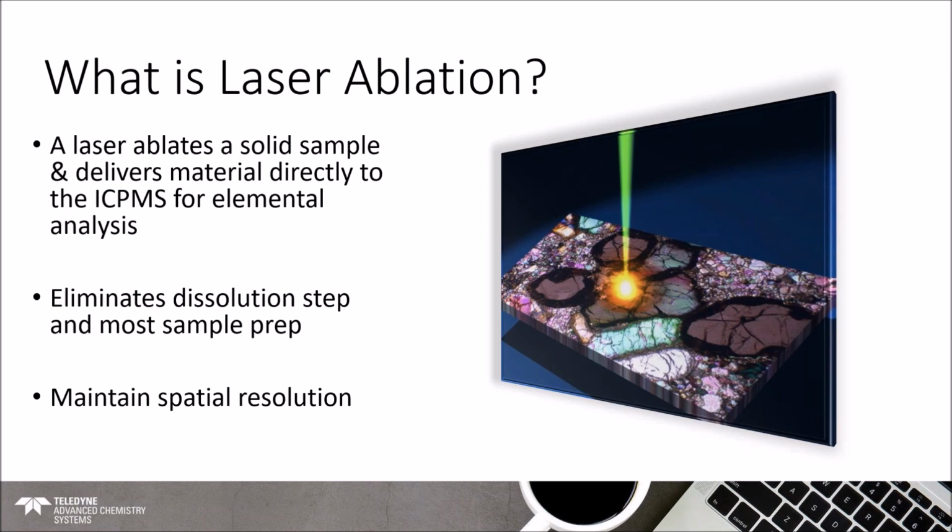How much depends on a number of factors, including how powerful the light was, the density of the material, how transparent it was, and a number of other factors. But we're going to take some of that material, we're going to ablate it and kind of blow it up into an analytical plume that comes off and is swept into the ICP torch.